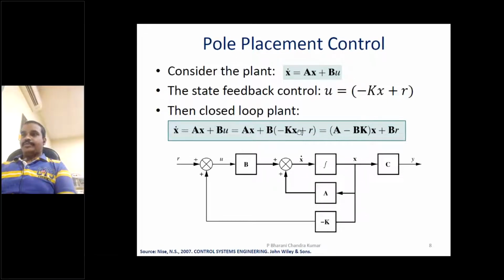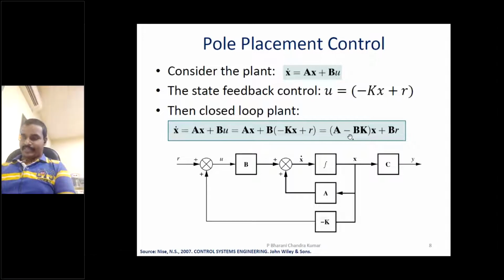So this is u equal to minus kx plus r. If you substitute this structure here, and if you rearrange, you will be getting a minus bk into x plus b into r. So the closed loop poles, the desired pole locations, wherever you want to place, by choosing an appropriate value of k, you can place the desired poles. That means the eigenvalues of a minus bk should be equal to the desired poles.